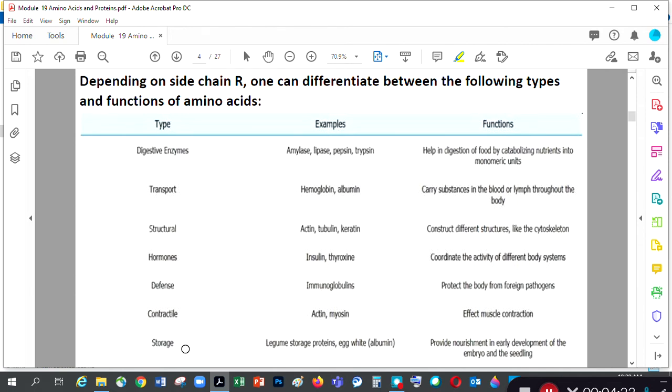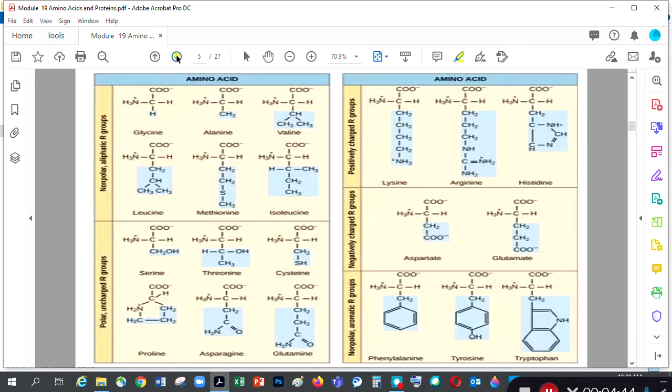And for storage, there are proteins found in egg white, like albumin, and legume storage protein. So you can see these proteins have many functions.